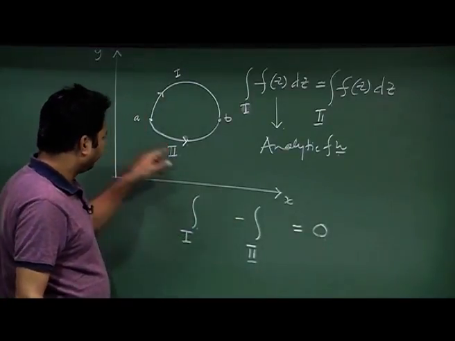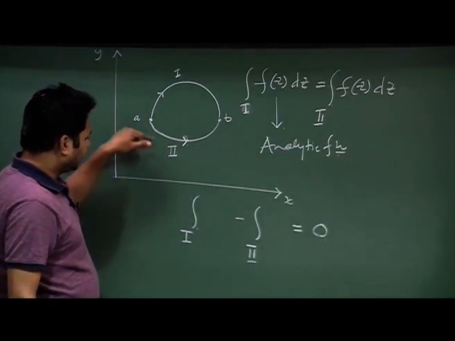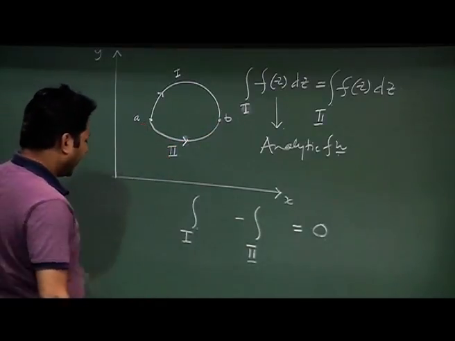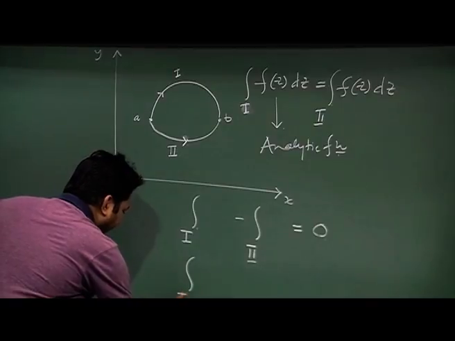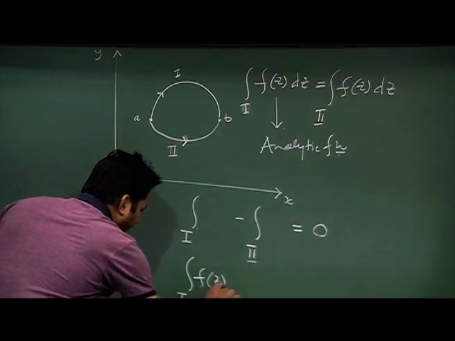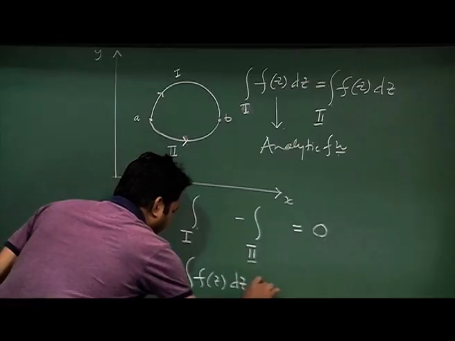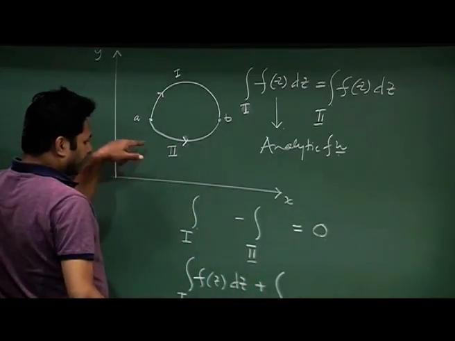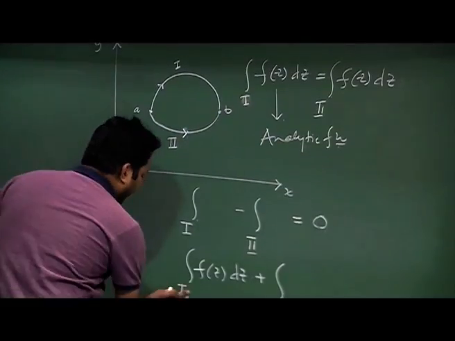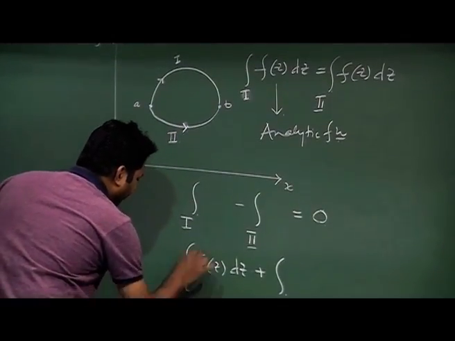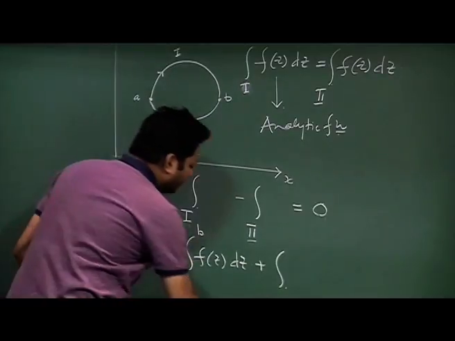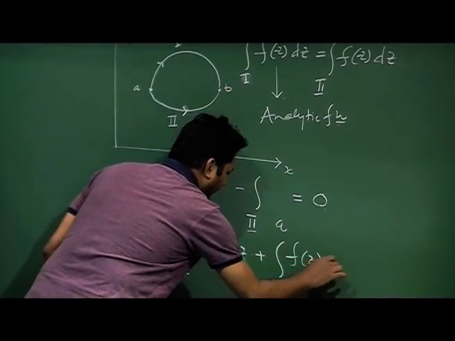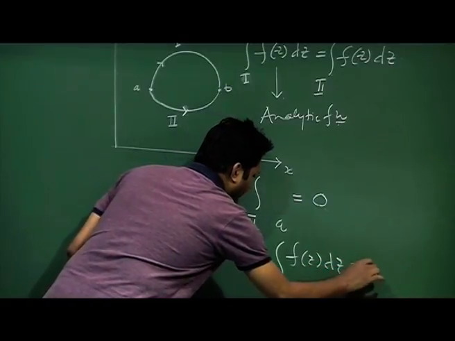Now, minus of these things is nothing but going from b to a. So, that means the integral of f(z) dz over path 1 plus path 2 in the opposite direction, so the limit is a to b, and now the limit will be b to a, f(z) dz, is equal to 0.